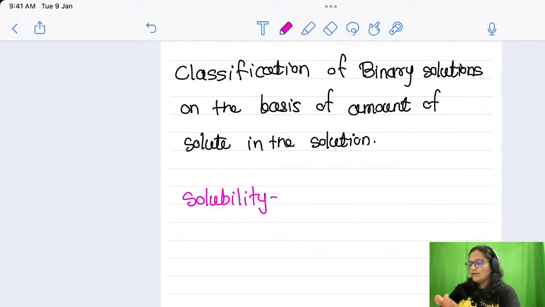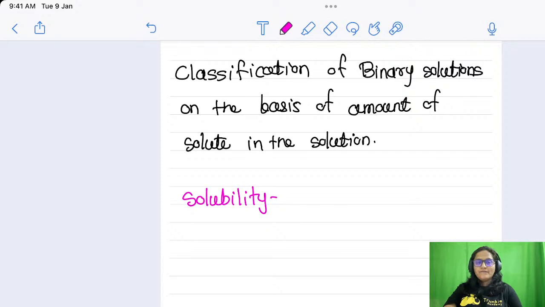Okay, now on the basis of the solubility, different substances have different solubility, right? If I take different solvents, like one I take water, another I take alcohol, and third I take acetone, right? So if I try to solubilize or dissolve the same substance in these three solvents, like if I try to dissolve sugar in all these three, obviously their capacities are different.